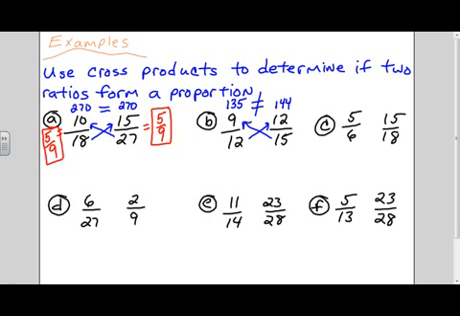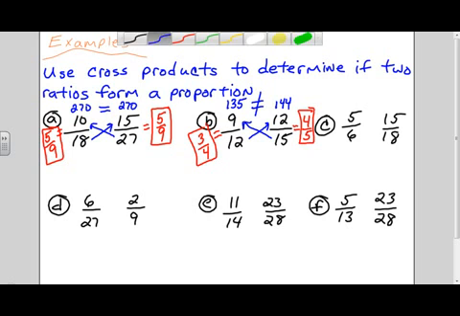We can confirm that by checking the simplest form of each of those ratios. 9 out of 12 in simplest form is 3 out of 4. Simplest form of 12 out of 15 is 4 out of 5. Once again, you can see that the simplest form of the ratios are not equal, therefore the ratios are not proportional.